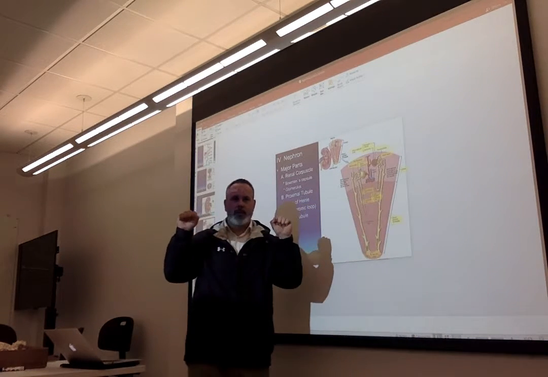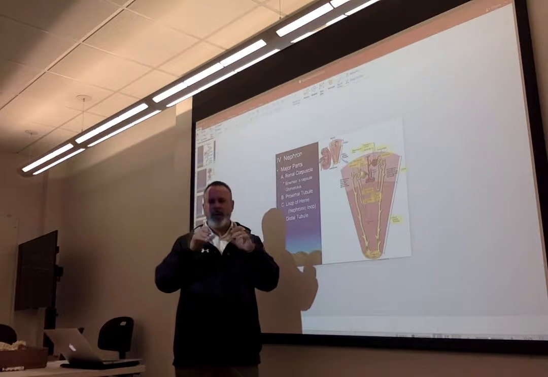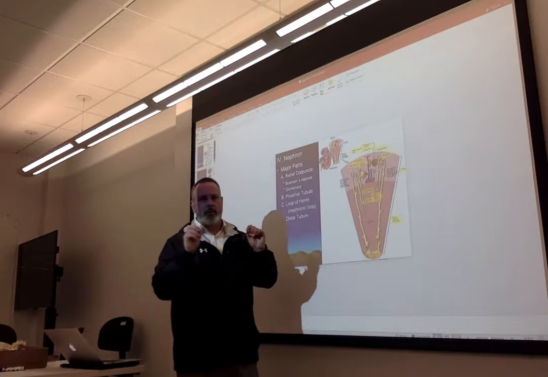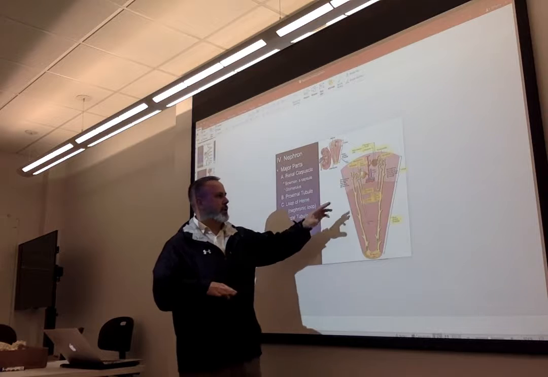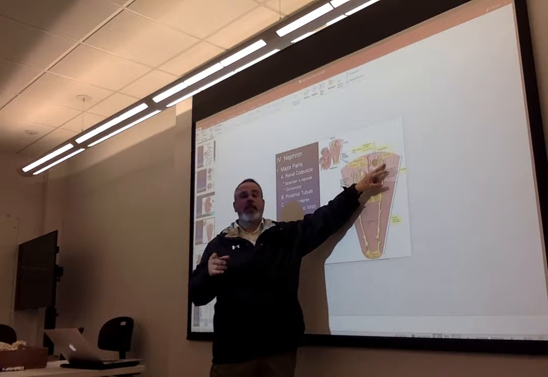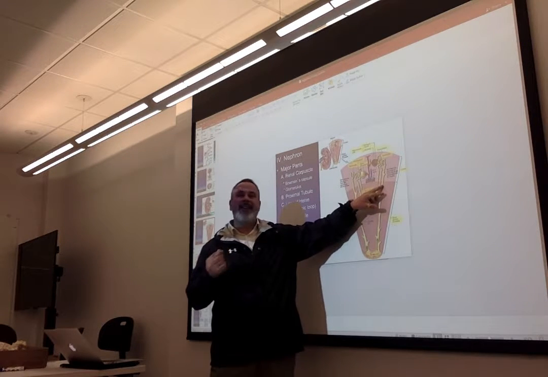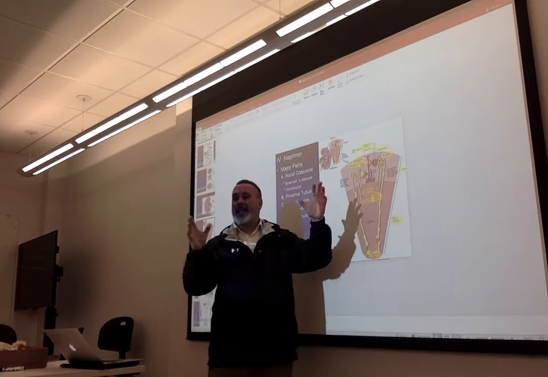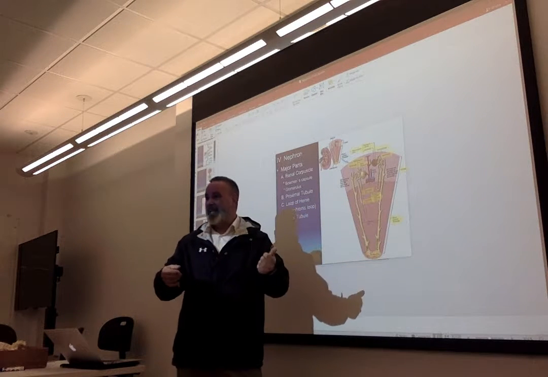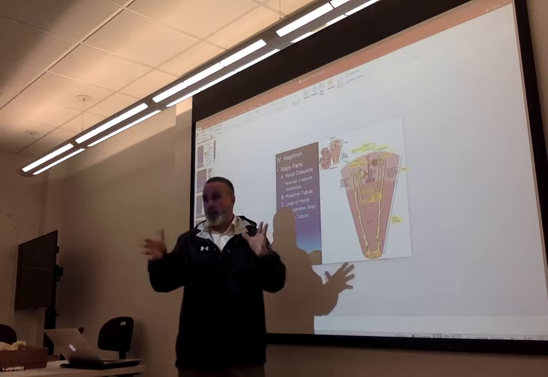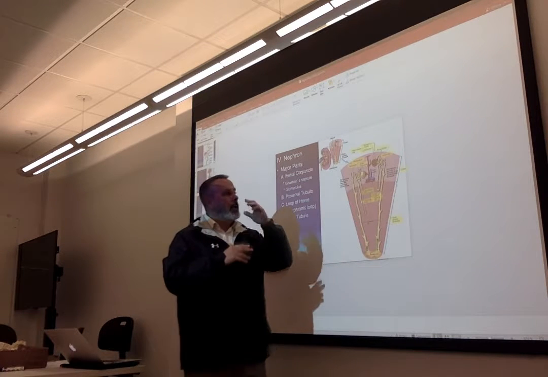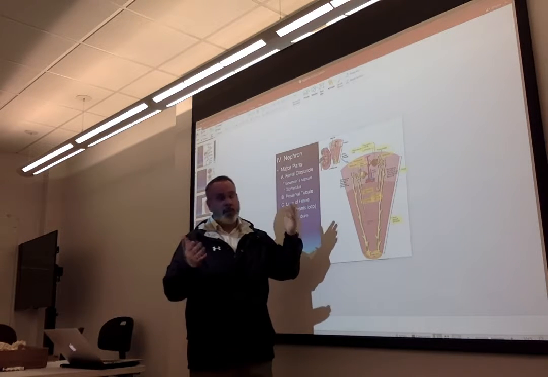There's nothing reabsorbed as far as water goes. There might be a few solutes, but it's negligible. All right, it's way closer to 0% than it is to 1%. And then another 19% reabsorbed from the distal tubule and collecting duct. That one's mainly controlled by hormones like ADH, ANH, aldosterone. We talked about that, right? All right. You know those percentages.